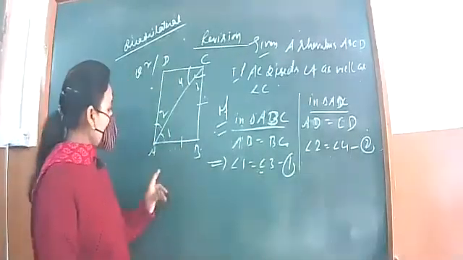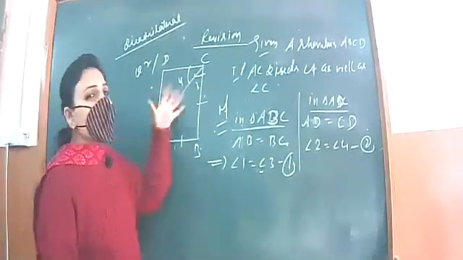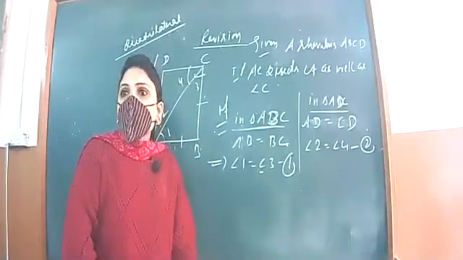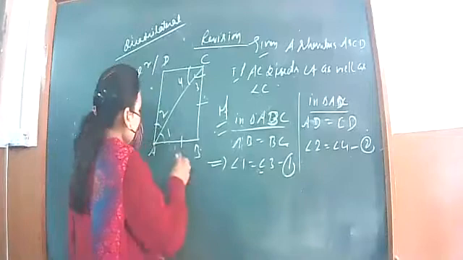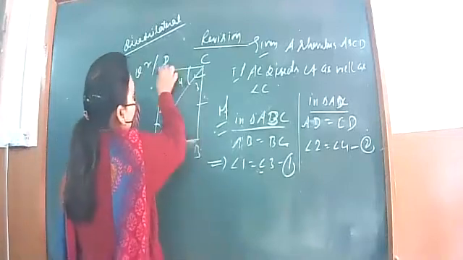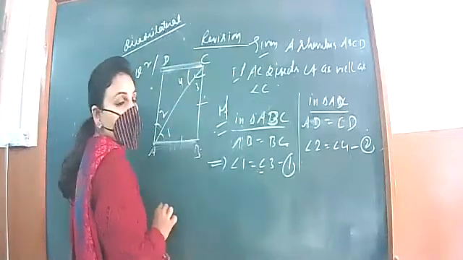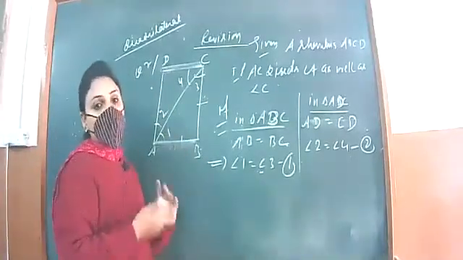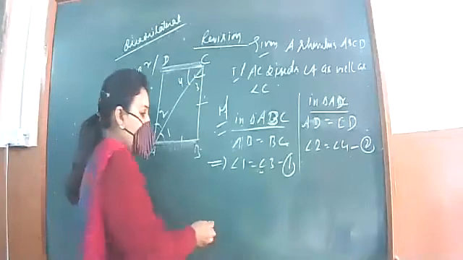So what to do? Listen. Every rhombus is a parallelogram as well, right? That means opposite sides are parallel as well. So I can use the fact that AB is parallel to CD. If AB is parallel to CD, it means angle 1 is equal to angle 4 using the concept of alternate interior angles.